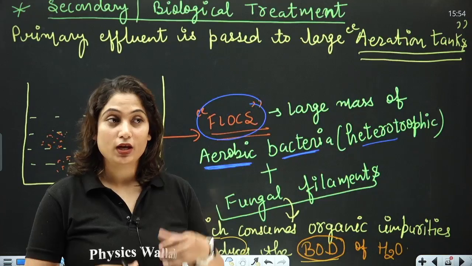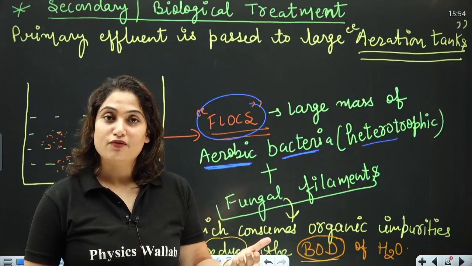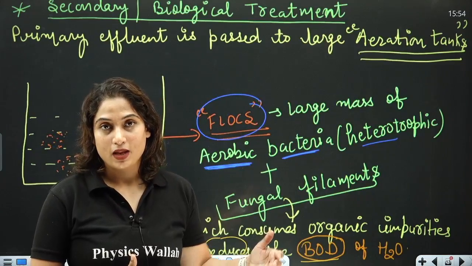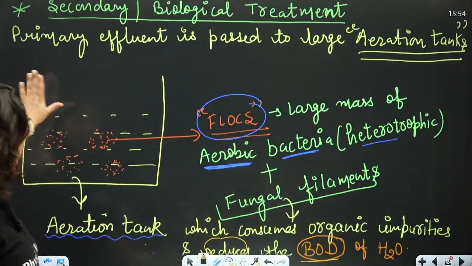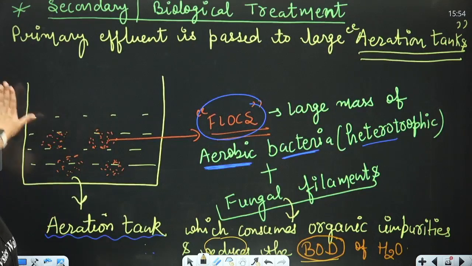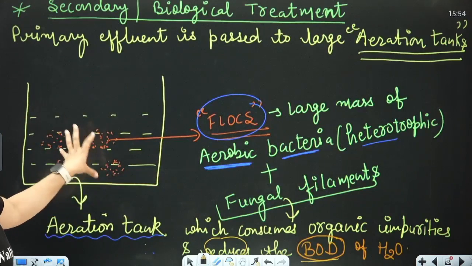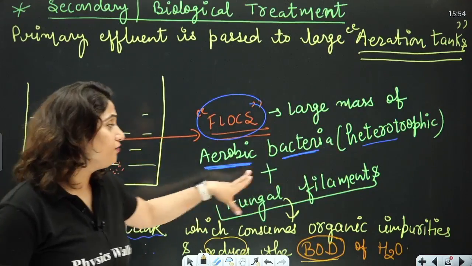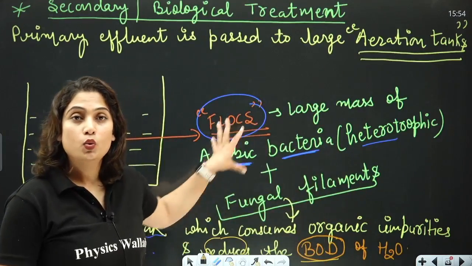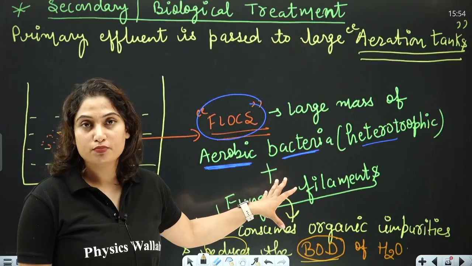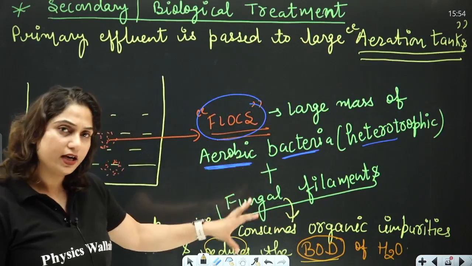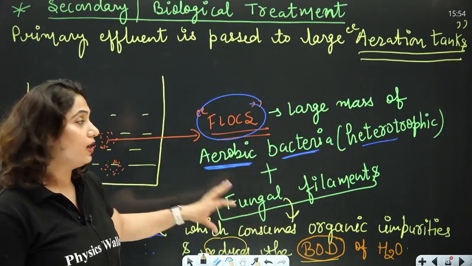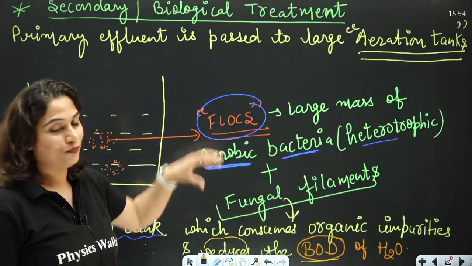And how will they purify the water? They will remove the organic impurities from it. So this aeration tank has a large amount of aerobic bacteria and fungal filaments which will be helpful in removing the organic impurities, and the mass of the aerobic bacteria and fungal filament is called a flock.